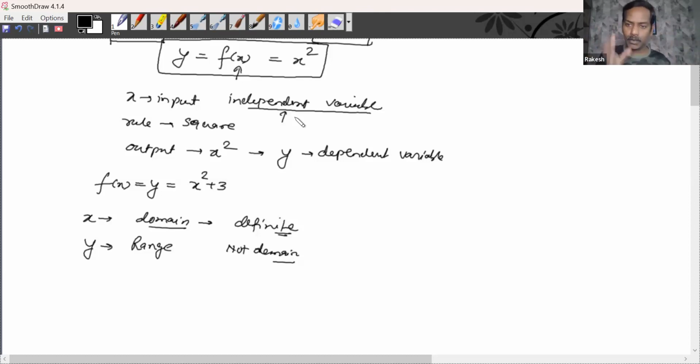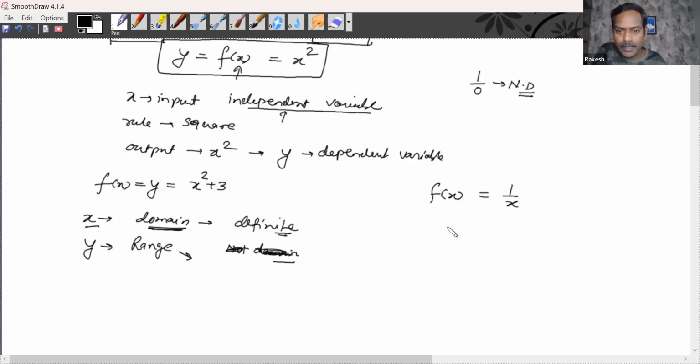So although x is an independent variable, that doesn't mean it can take any value which is possible. It has to take those values for which the output is defined. So y or the range has to be defined for those corresponding values of x, which we call the domain, right? For example, if I take the function f of x whose rule is that it takes the reciprocal of the input, we all know from number systems that 1 over 0 is not defined.